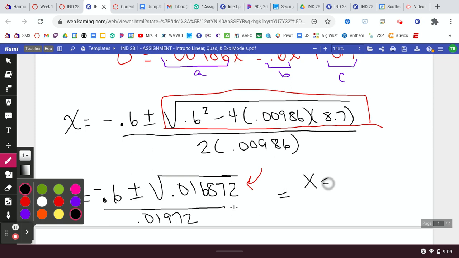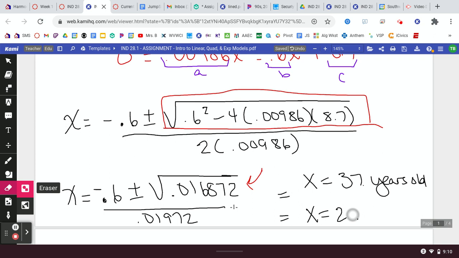You get X equals 37.0 something, but it said here to round to the nearest tenth, so it would be 37. 37 what? X is years old. Then when you clear out your calculator and you punch in negative 0.6 minus underneath the radical 0.016872 equals, and then divide that by 0.01972, you get 23, sorry.